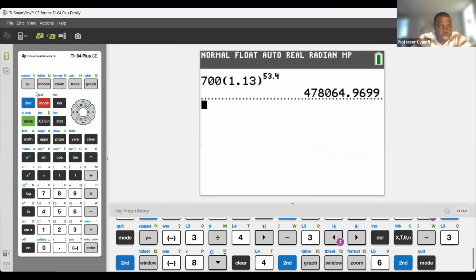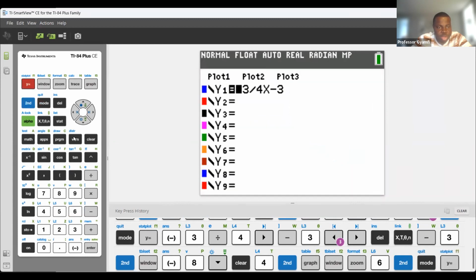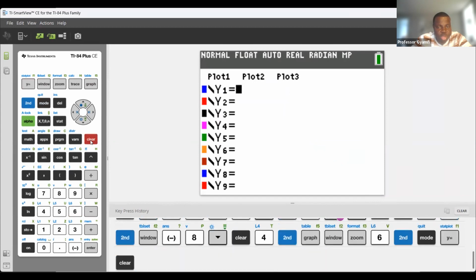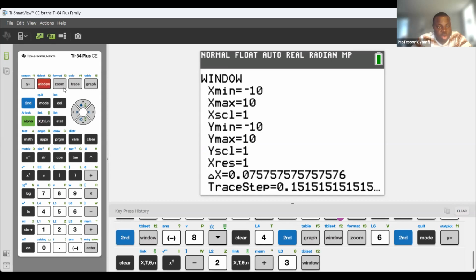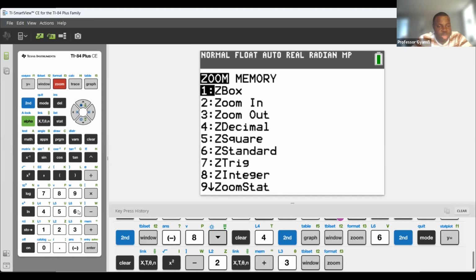Second mode, y equals. So I'm going to erase what I have here. And what was the function? x squared minus 2x plus 3. Yeah, I think I got it. So I have x squared minus 2x plus 3. Now I'll go check my window real quick. I've got a standard window, so that's fine.